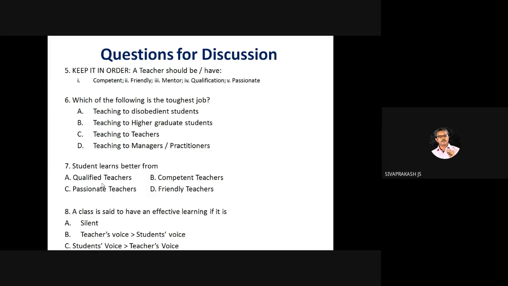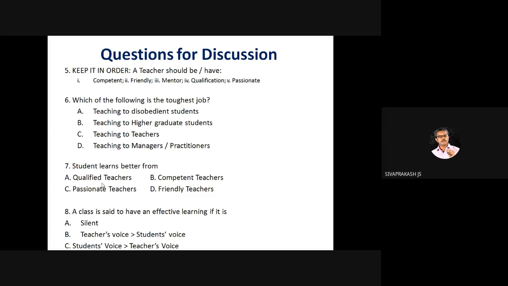Question number 8. A class is said to have effective learning if it is. Option A, a silent class. Option B, the teacher's voice is more than the student's voice.